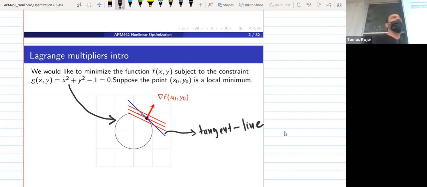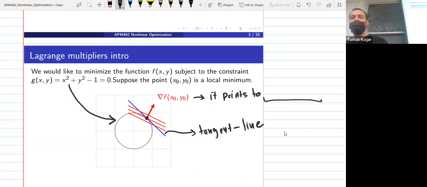Now, can someone remind me where the gradient points to? It points to what? We talked about it in class. I proved it. Any ideas? Any guesses?